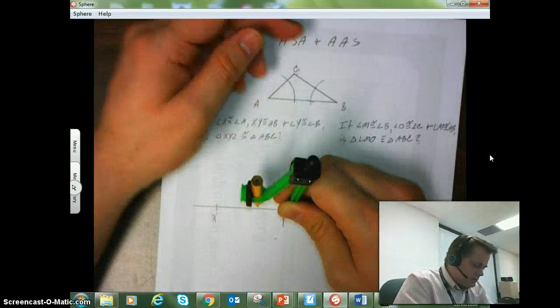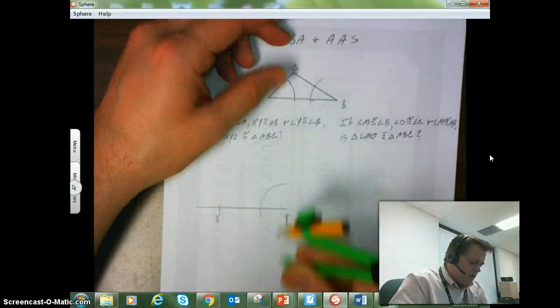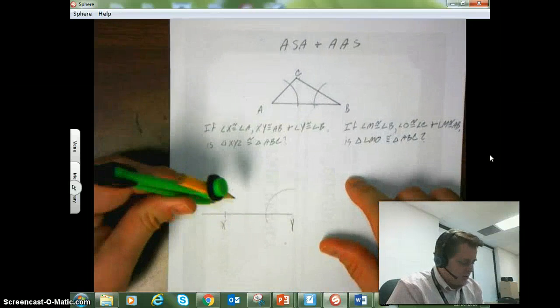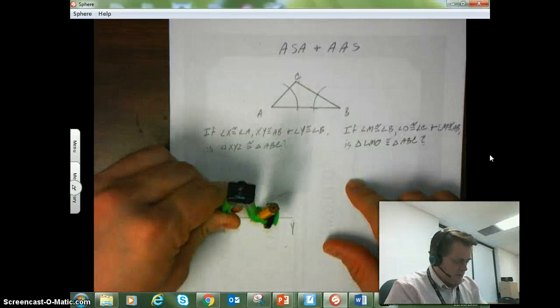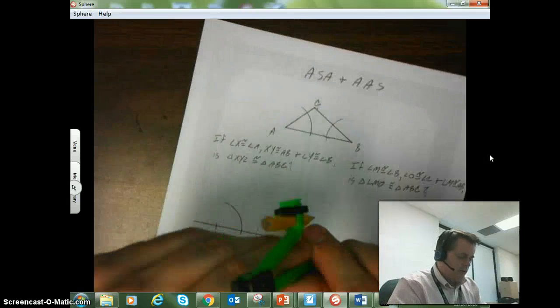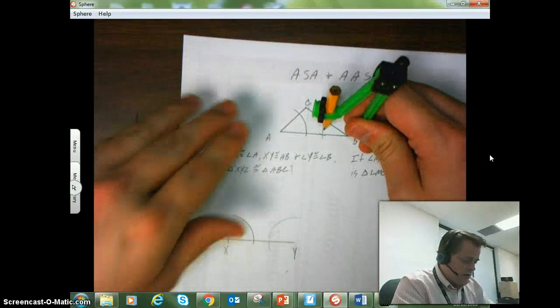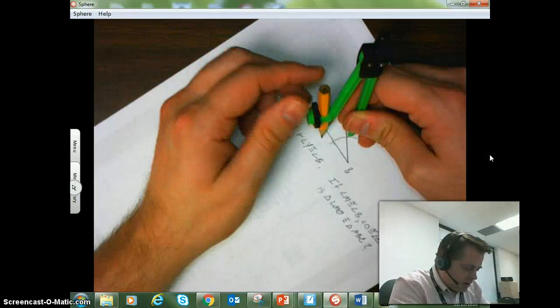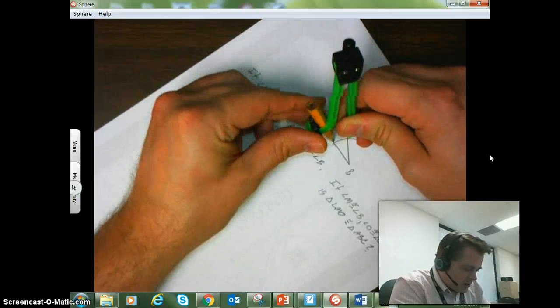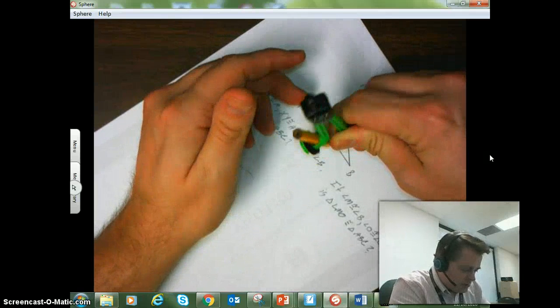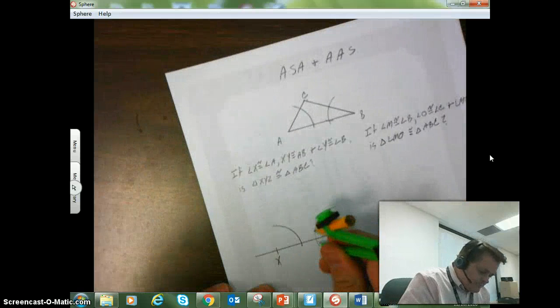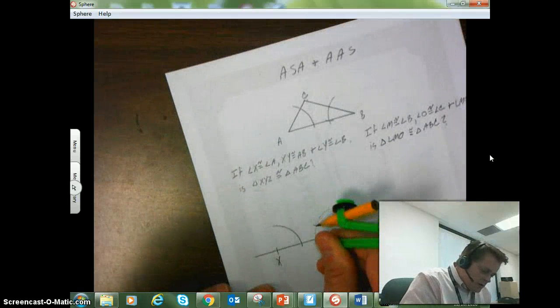So we want to copy the angle, so I'm going to do that here at point X, and do that there at point Y. So we're copying angle X and Y to be congruent to angle A and B.